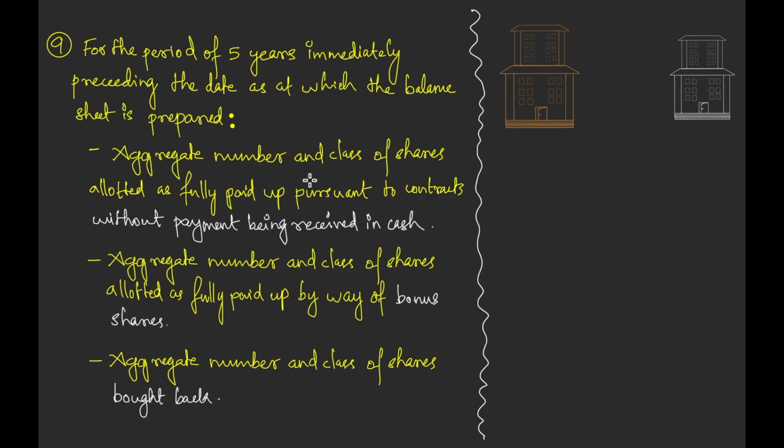Aggregate number and class of shares allotted as fully paid up pursuant to contracts without payment being received in cash. So this is when a company issues fully paid up shares pursuant to some contracts without receiving any cash. Suppose this is our company and this one is some other company. We are going to purchase some machines from this company.